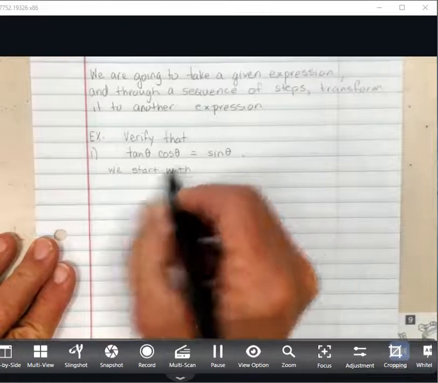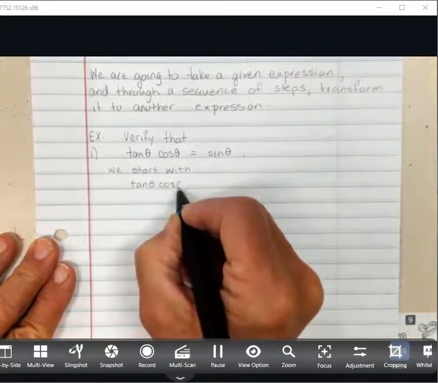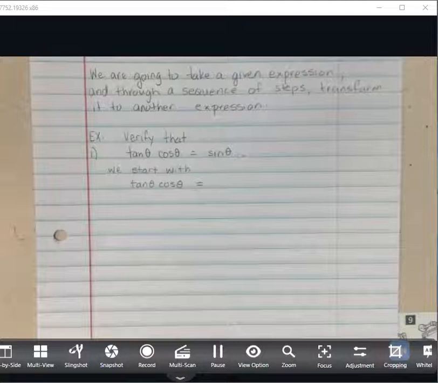So tell everybody what side you're starting with. And then you just start trying stuff. When I look at that, I know that I don't want any tangents or cosines in here. Tangent can be written in terms of sine and cosine. So that's where I start. I'm going to replace tangent of theta with the sine of theta over the cosine of theta.